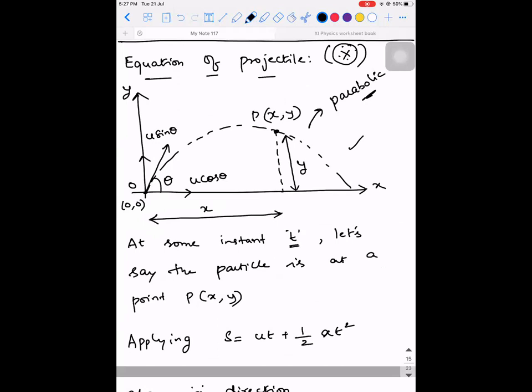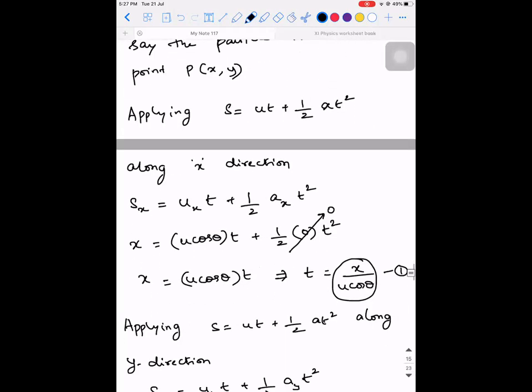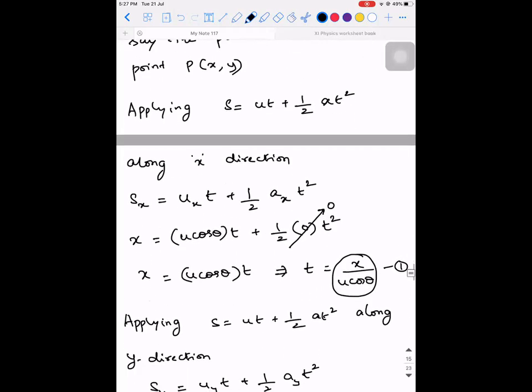Are you able to understand? The way I've drawn the diagram tells me that the particle is moving in a downward parabolic path. But if they ask you generally what is the shape of the path followed by the projectile, you just need to say it is parabolic. That's it. Okay? So I can make a note of it.